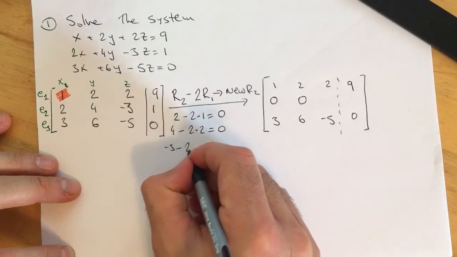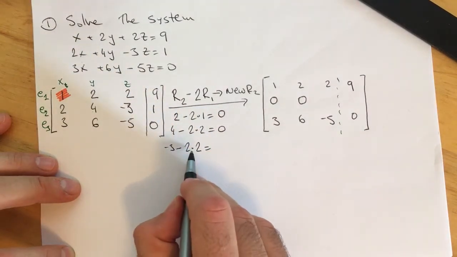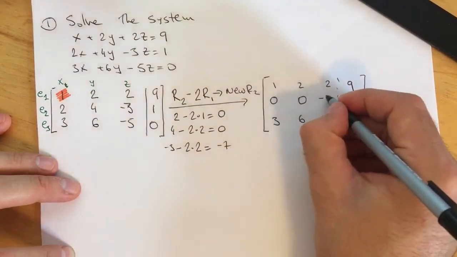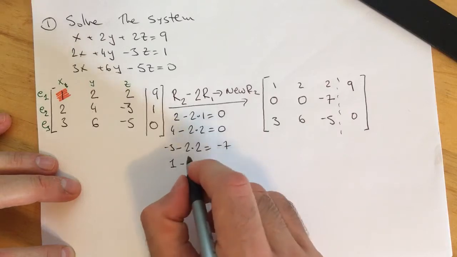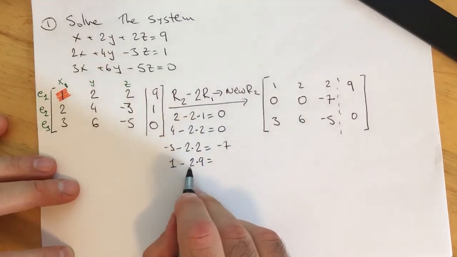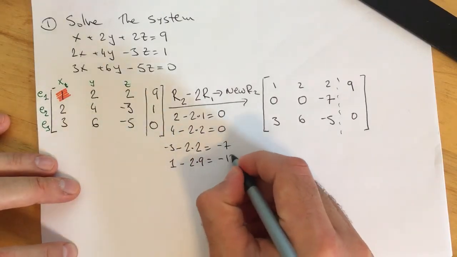Negative 3 minus 2 times 2, that's negative 3 minus 4, that's equal to negative 7. Okay, and 1 minus 2 times 9, 2 times 9 is 18, 1 minus 18 is negative 17.